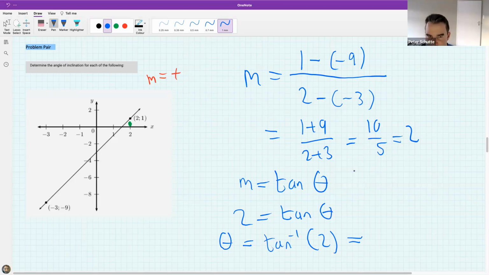What are we getting for our angle of inclination for this? One of the things we have to make sure is our calculator is on degrees. It looks to me like it should be less than 90, or what we call an acute angle. So that's what I'm hoping students get.